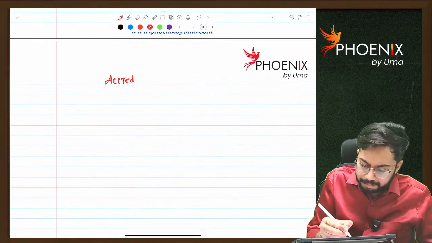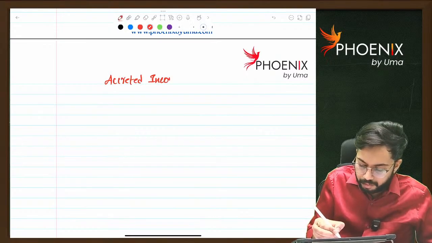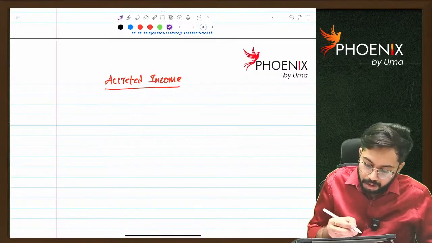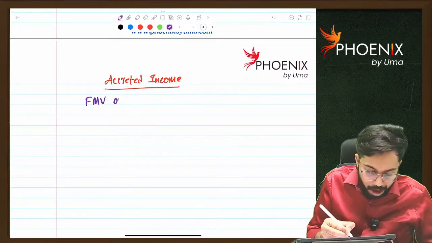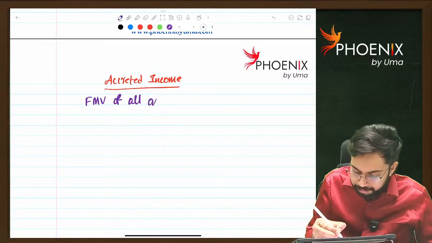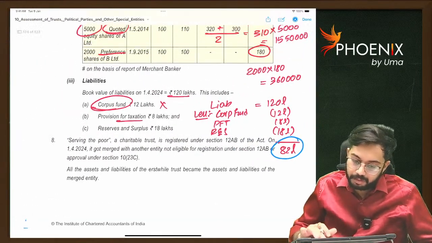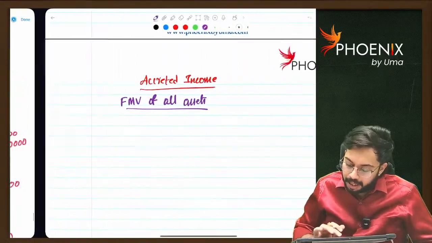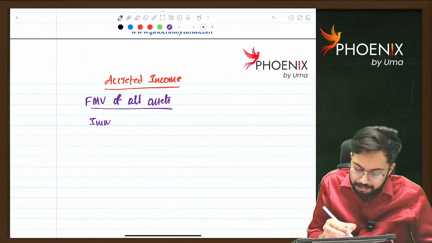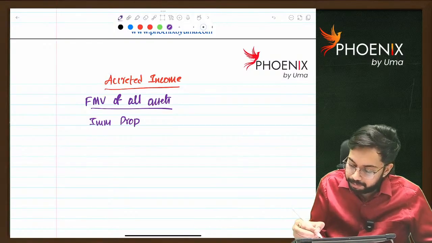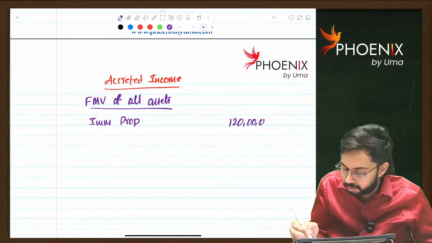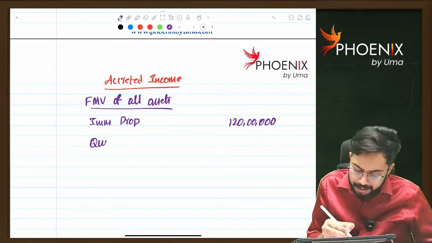Accreted income. Fair market value of all assets. So immovable property you will consider 120 lakhs, right? Land. Next, quoted shares.